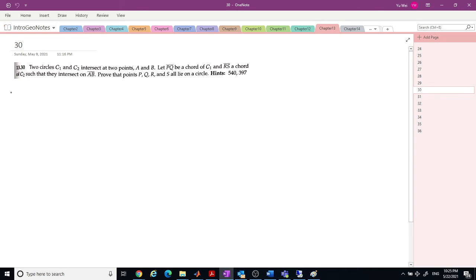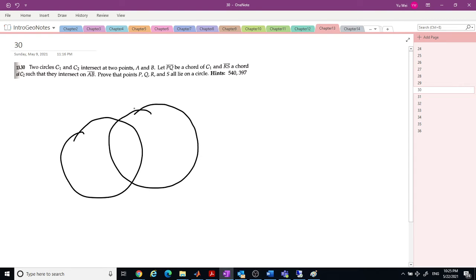Next, the 2 circles intersect at 2 points, A and B. Let PQ be a chord of C1 and RS be a chord of C2 such that they intersect at, for example, X on AB.